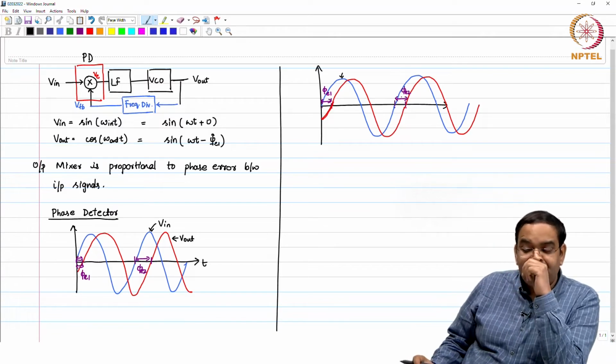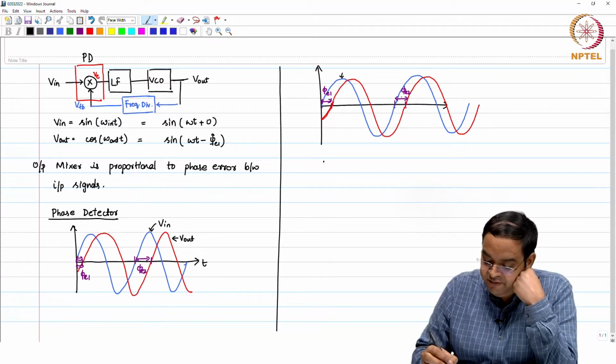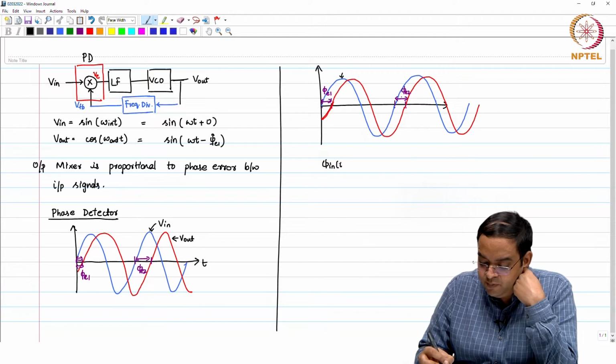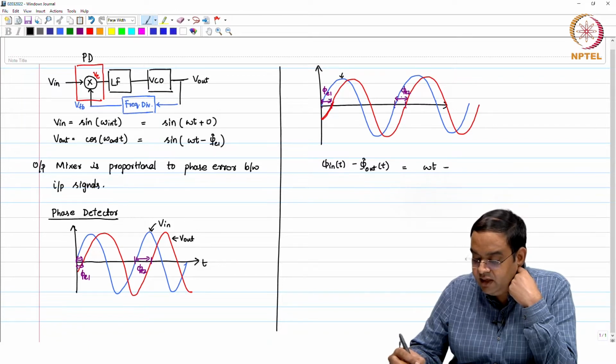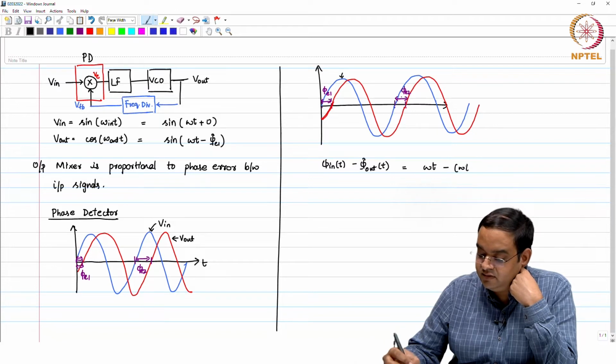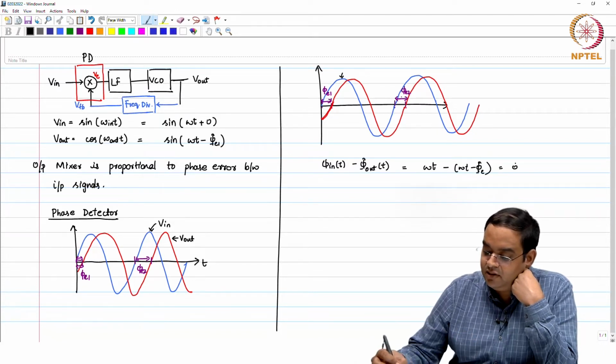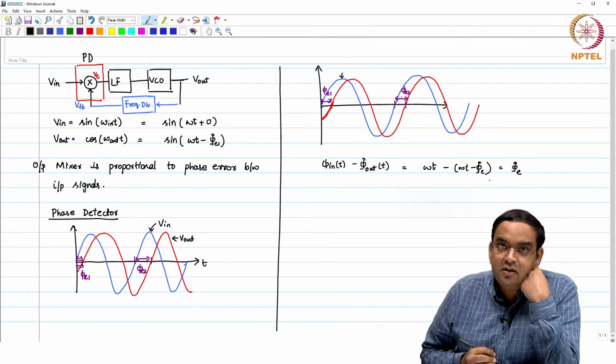Okay. So, the difference between the input and the output phase, if you look at it, phi out of t, it is nothing but omega t minus omega t plus, in this case, minus phase error, right.